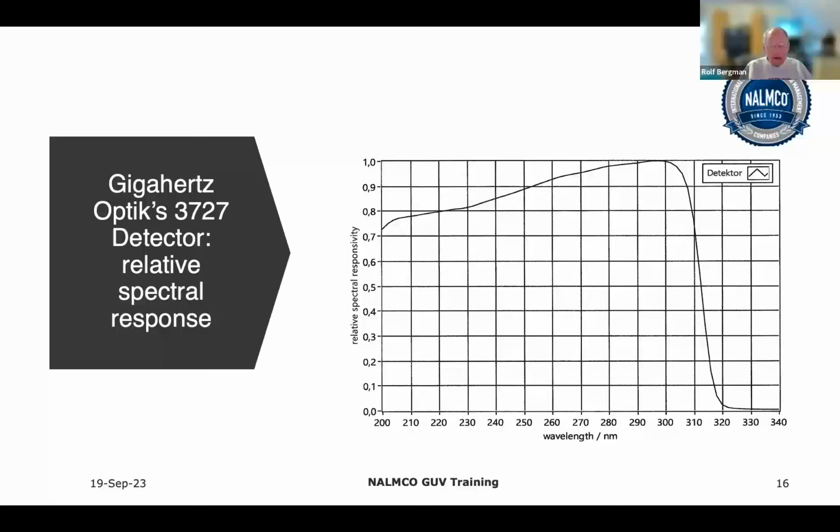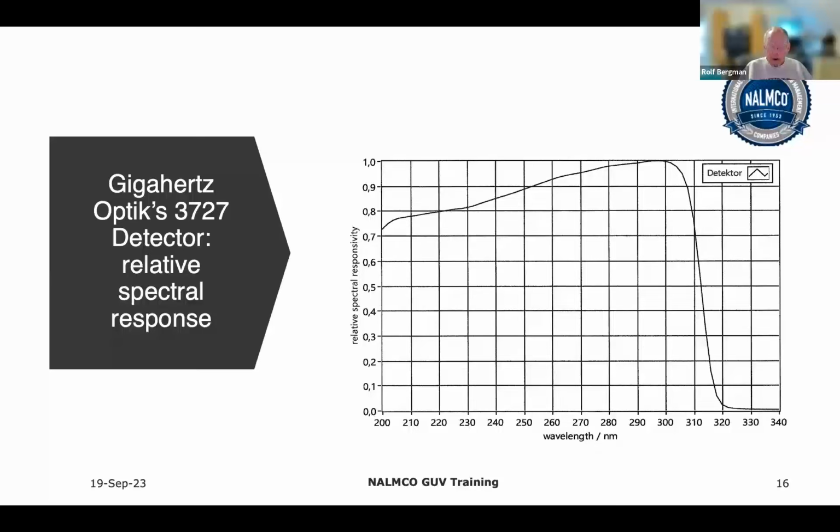The UVC region is from 200 to 280, and notice that's almost in the middle. Then from 280 to 315 we have the UVB region, and 315 up to 400 is UVA. But note that the detector sensitivity goes from the maximum to 0 right at the edge of the UVA transition.